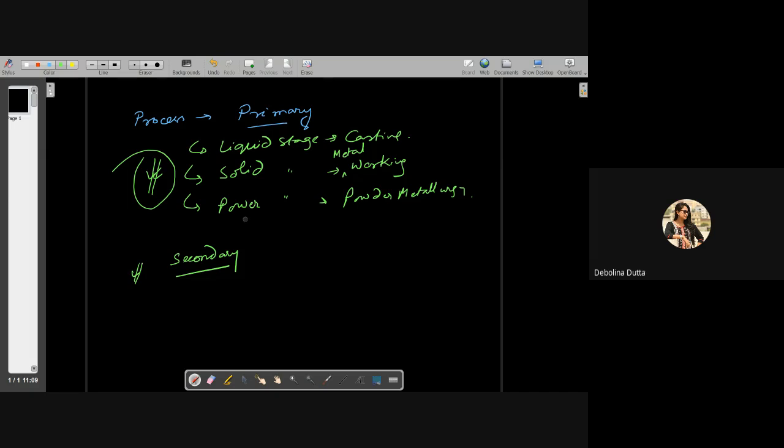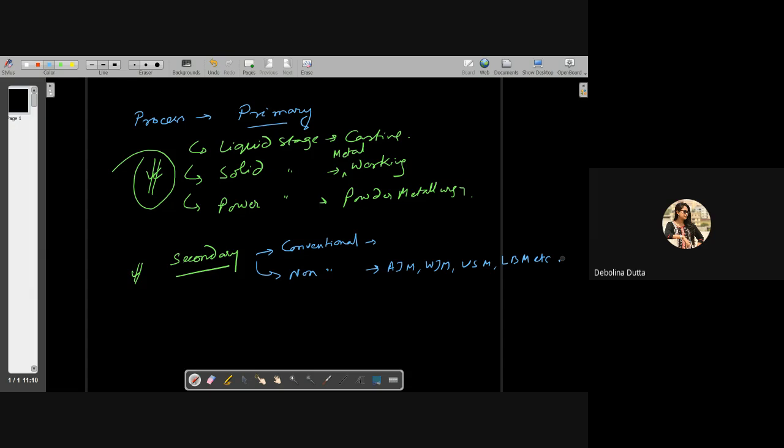A secondary manufacturing process is further classified in two ways. One is the conventional manufacturing process, which is nothing but turning, drilling, milling, grinding, etc. Another is the non-conventional manufacturing process, which includes abrasive jet machining, water jet machining, ultrasonic machining, laser beam machining, etc.